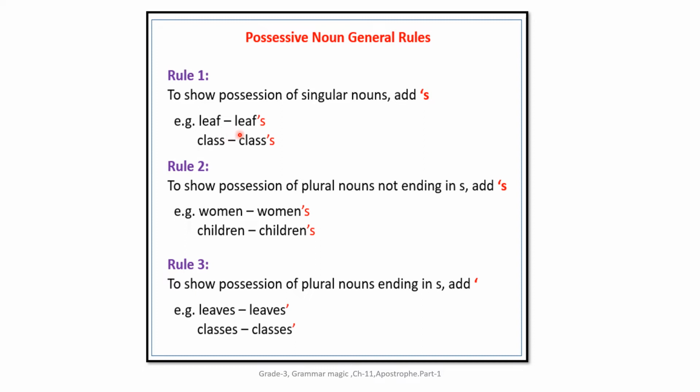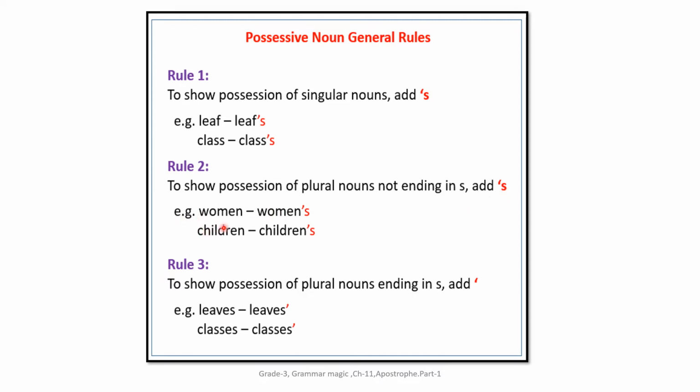If you want to use apostrophe in a sentence, you just have to add apostrophe s after the word. For example, leaf's, class, class's.